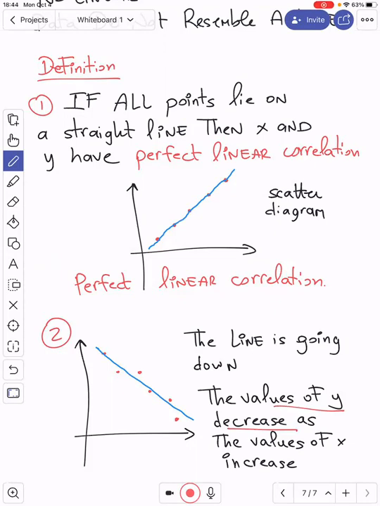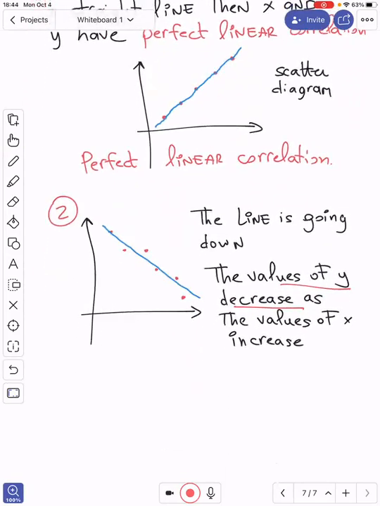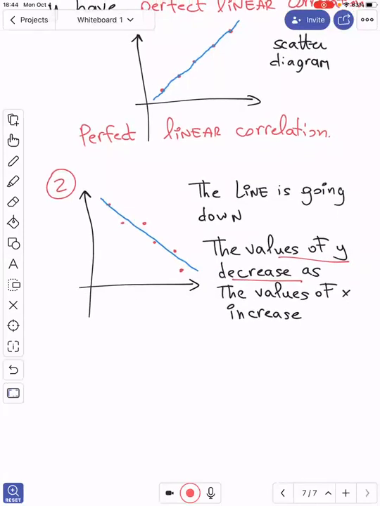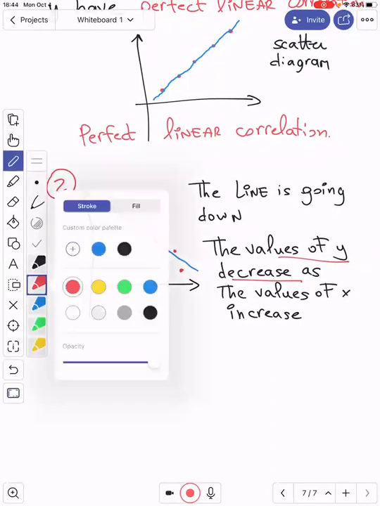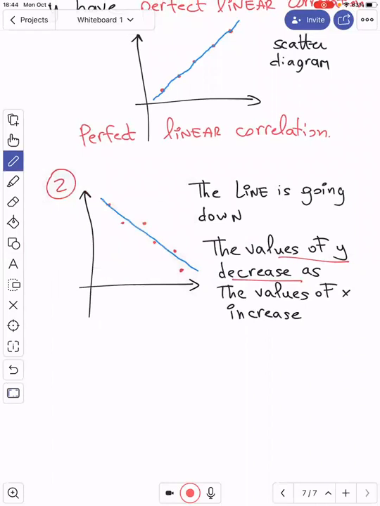And now, if you have a line which is going up... actually in this case, we say that X and Y have a negative correlation, right? Because, as I said, when you have a linear correlation, it means that the two variables change at a constant rate.